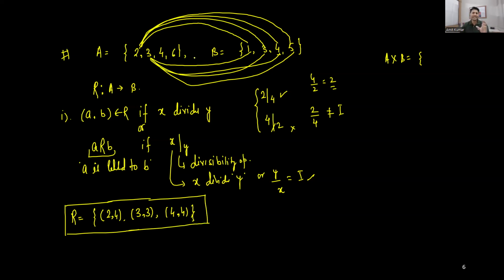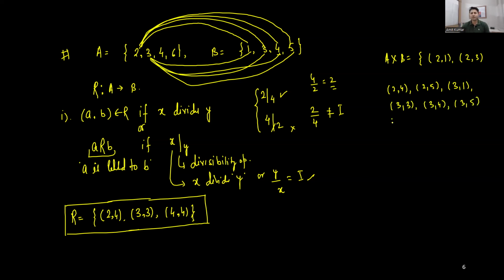This is one of the things I did manually. Another way, you can write the Cartesian product. Like 2 comma 1 is there, then 2 comma 3, then 2 comma 4, then 2 comma 5. In the same manner 3 comma 1, then 3 comma 3, then 3 comma 4, then 3 comma 5.